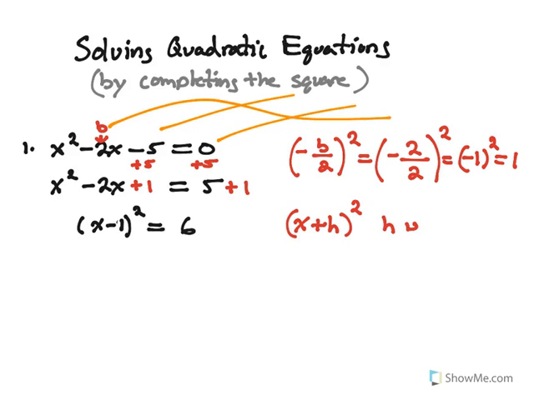And h is half of b. Okay? Does that make sense? Let me rewrite that. H is half of b, okay?